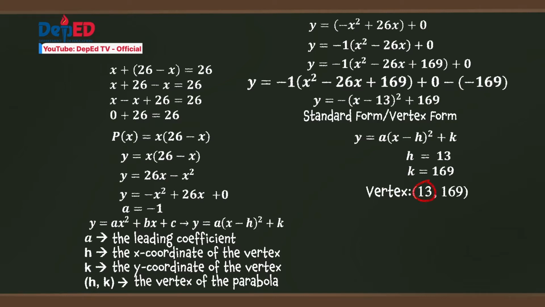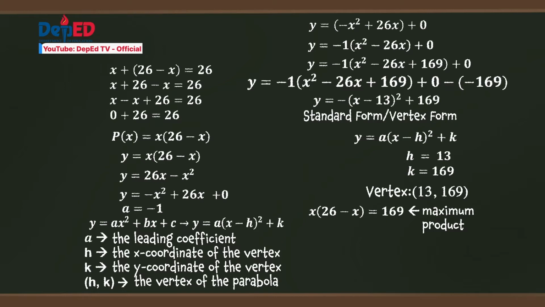So, the maximum value of the function y occurs when x is equal to 13. And this maximum value is 169. This number, 169, is the maximum product of the two numbers described in the problem. What are the two numbers?